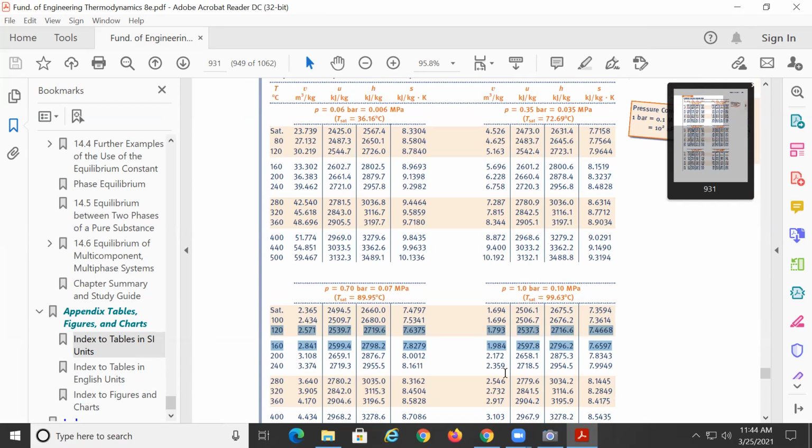And at S sub B, 7.6597, my H sub B is 2,796.2.